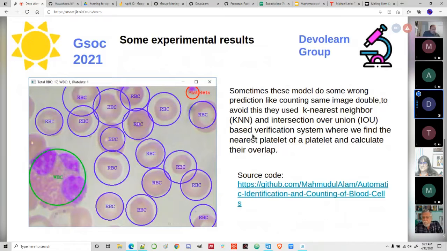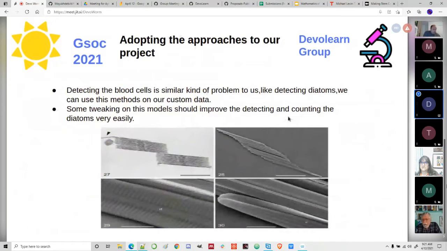But sometimes the model does something wrong, like overlaps or counting the same cell twice. For that they use a k-nearest neighbor and intersection over union based verification system, which finds the nearest platelet of a platelet, calculates their overlap, and then eliminates the duplicate.